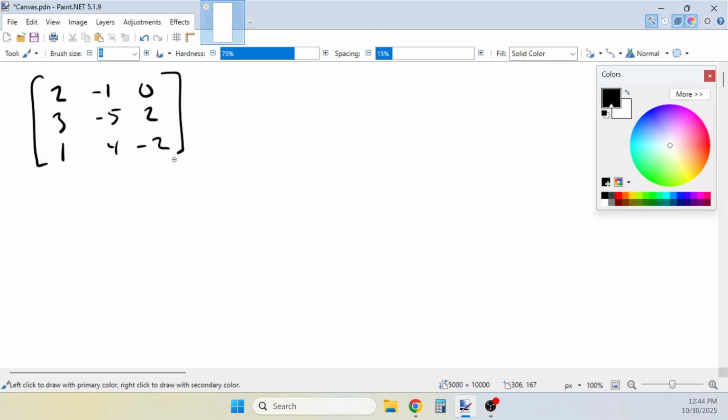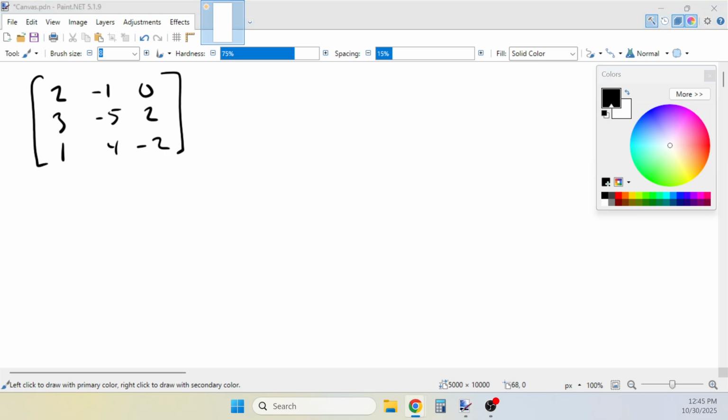A 3 by 3 matrix. We could think of it as equations with variables, or we could think of it as a matrix where the constants are zero. But the point is that the help topic said row reduction.